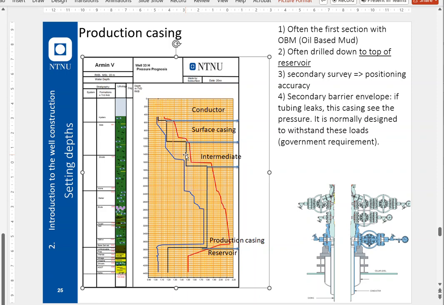There is one exemption to the 4 cubic meter minimum rule, and that is sections around 12.25 inch, which in many cases would be sections that go down towards the reservoir.